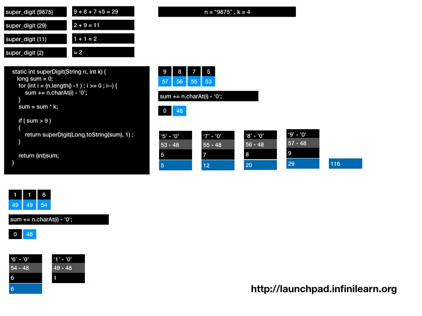For character 1, it becomes 7, and for the last one, the sum becomes 8. Now if you look at the code, only if the sum is greater than 9 do you execute the function again, otherwise you just return the sum typecasted as an integer. So the sum turns out to be 8.